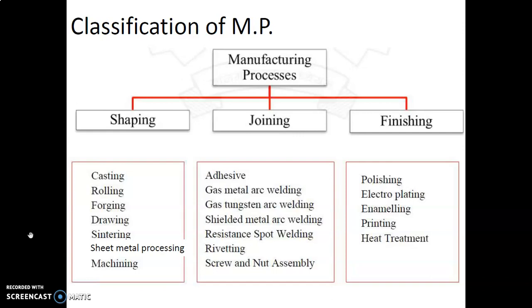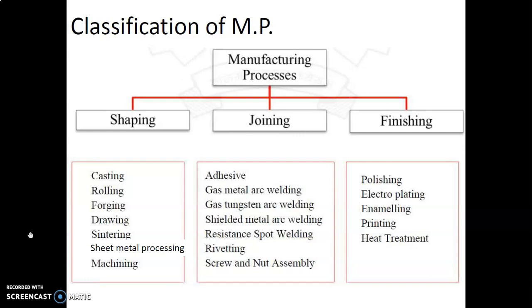Suppose you want to create a pressure vessel; in that pressure vessel, we use the rivet joint. Suppose you want to join two rail tracks; in that case, we use the welding process. So this is basically the joining process, joining of two components, which is very necessary to complete our design.